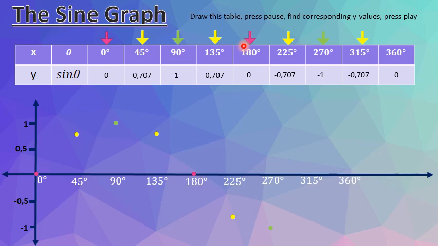And then when x is 315 degrees, we're back at negative 0,707. And once again, when x is 360 degrees, we're back on the x-axis at 0. So have a look at this absolutely cool formation. If we go and connect the dots, do you see that you have, voila, created a gorgeous sine curve?